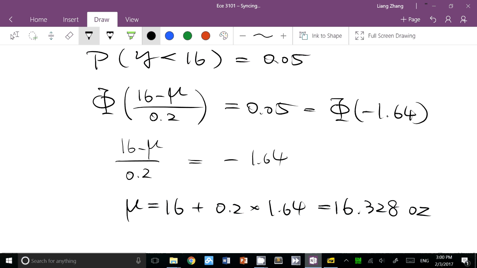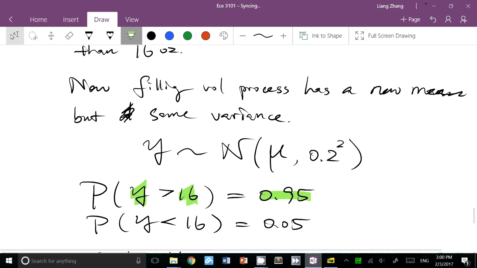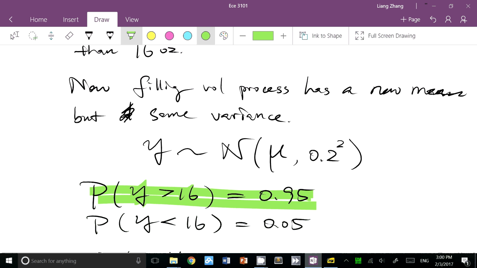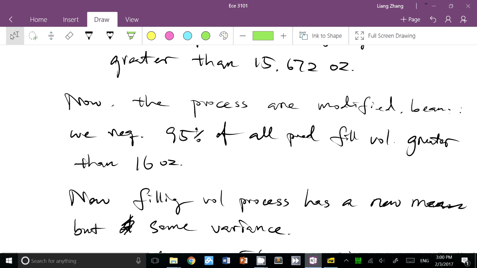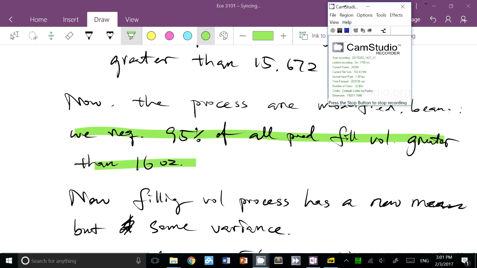This eventually will allow the new filling volume to satisfy this requirement: that 95% of the products you produce out of this process will have the filling volume greater than the 16 mark that was specified. Okay. So this concludes this part of the video.